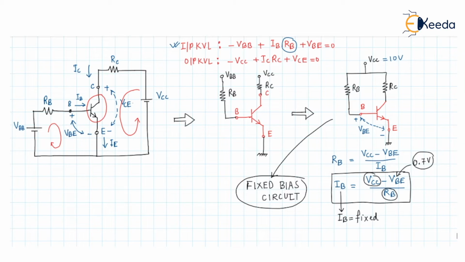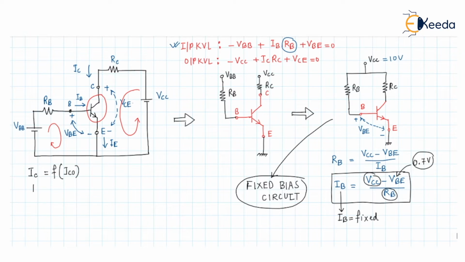So now if we find the stability factor of this circuit, we know the IC current is dependent on different stability cases. The collector current IC is dependent on ICO.